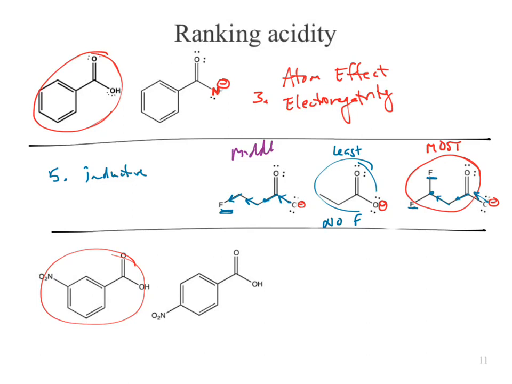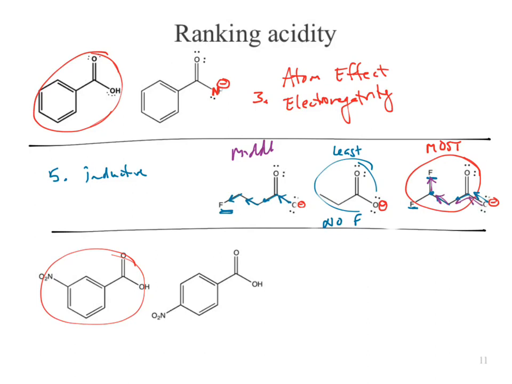How about between our most and our middle? Why is the most more stable than the middle? What's the difference? There's an extra fluorine. So what is that fluorine also doing? Also pulling on the electrons, which pulls on the electrons, which pulls on the electrons.